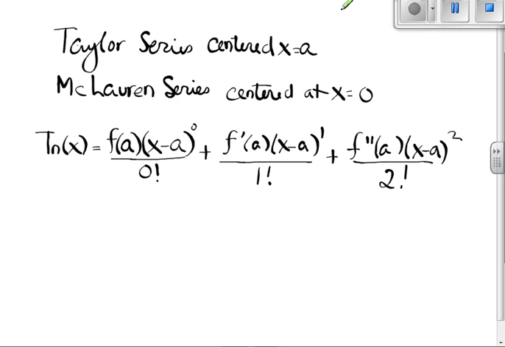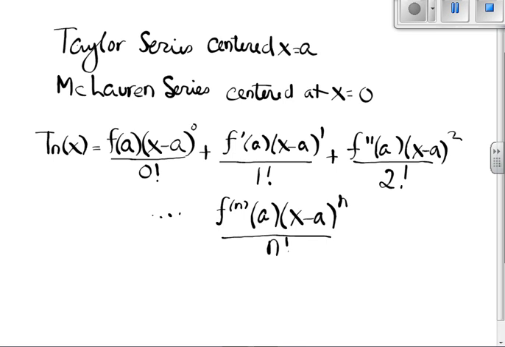And so the nth one, and if you had done the project, this would have made sense to you. Where do these derivatives come from? Too many people have copied it. The nth derivative at A, x minus A to the nth power over n factorial.